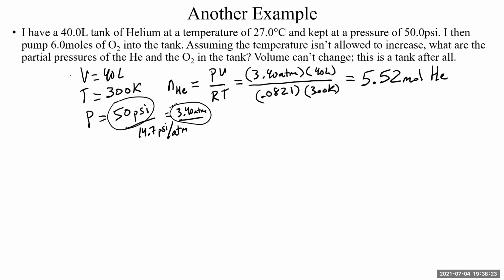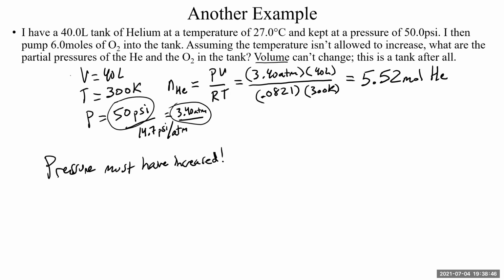Since I didn't let the volume change, pressure must have increased because I pumped more moles of gas in there, but I didn't allow any expansion of the tank. So what's my new pressure?